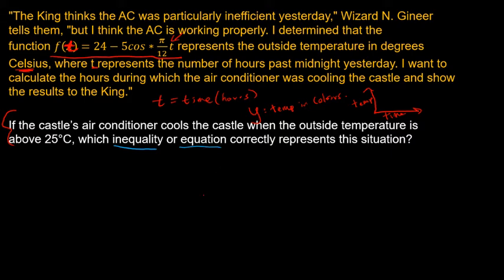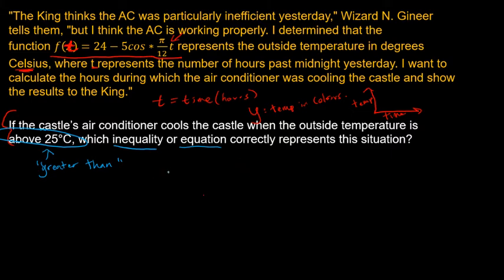It says the AC cools the castle when the outside temperature is above 25 degrees. So think about whether the phrase above 25 degrees says to you inequality or equation. Hopefully you're thinking inequality, because wouldn't above be the same thing as greater than, right? Above 25 degrees Celsius means greater than.